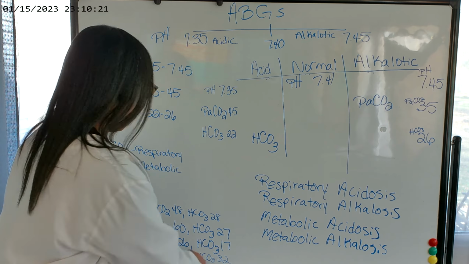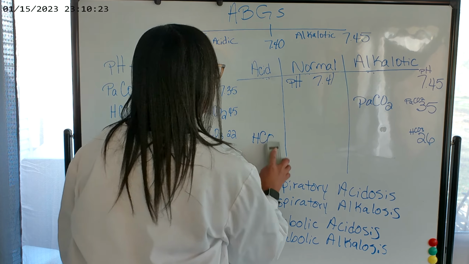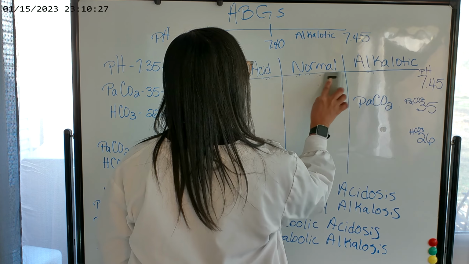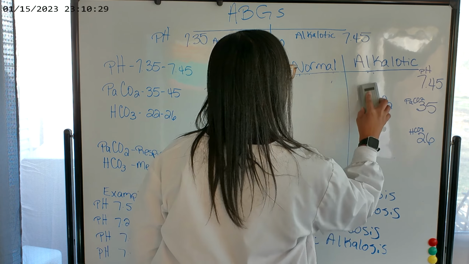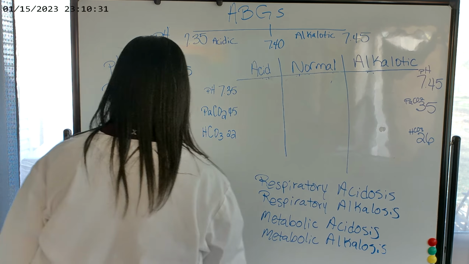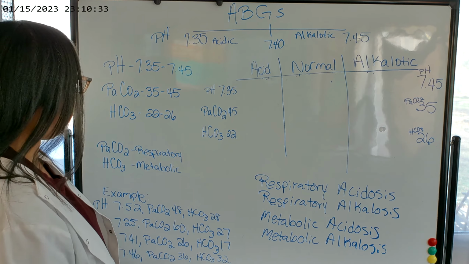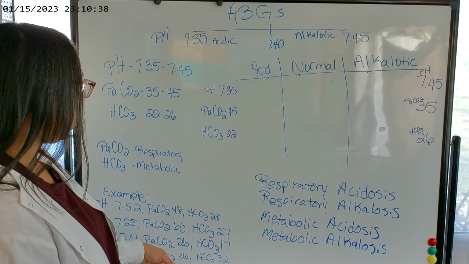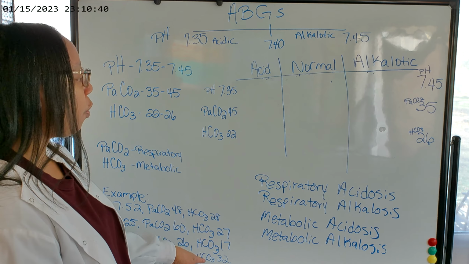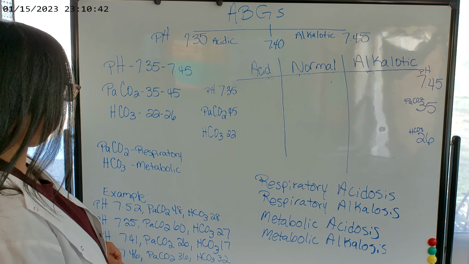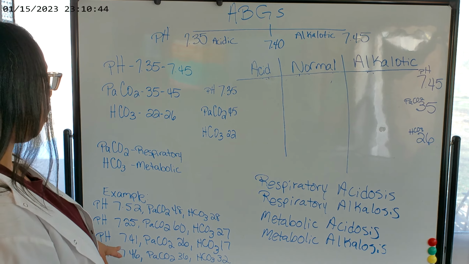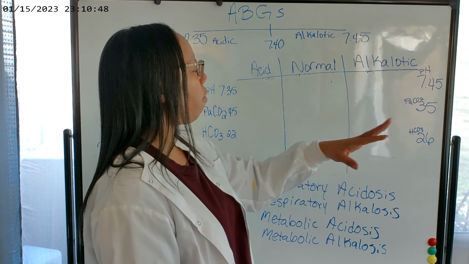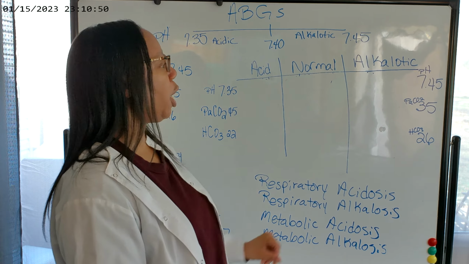Okay? Now let's look at one more problem here. Alright, this one we have a pH of 7.46, a PaCO2 of 36, and a HCO3 of 32. So let's plug those numbers in. pH of 7.46. Is it below 7.35, above 7.45, or somewhere in the middle?